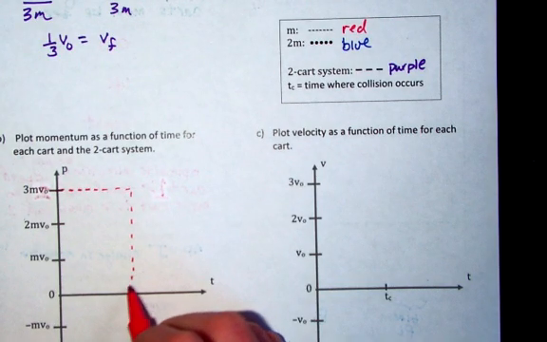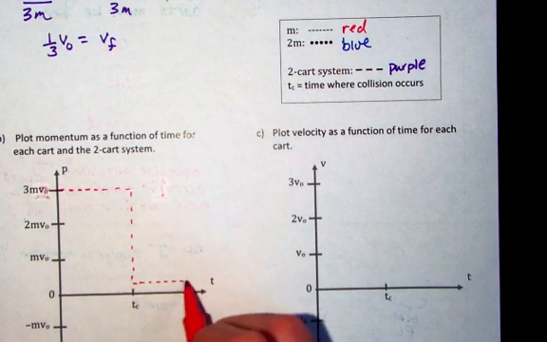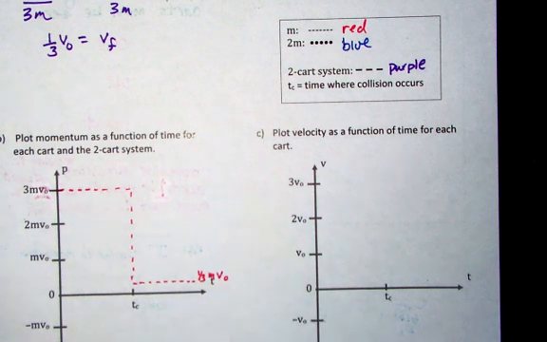But then my final momentum is 1/3 mv naught, so that's going to be down here. So this is 1/3 mv naught. All right, so this was the red cart.